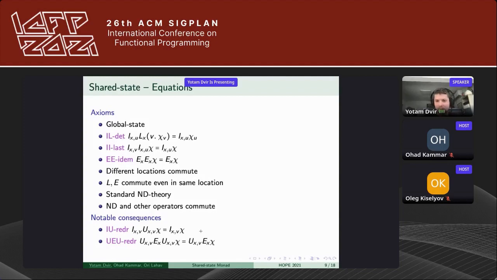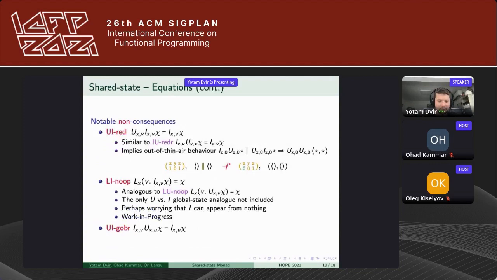So let's look at some equations that aren't consequences of the axioms. The first one is the most important, I think, on this slide. So let's focus on that one. If we have an update and then an update before an interference, why not again remove the update?